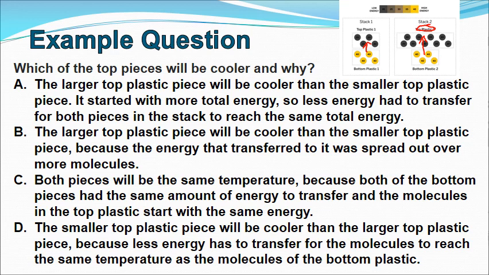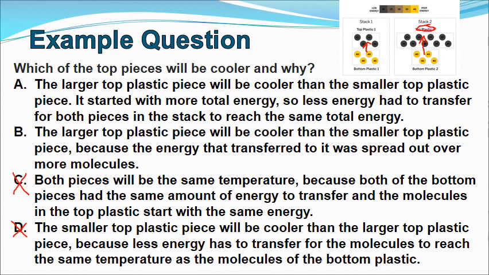So we know stack 1, the top plastic, when it reaches equilibrium with the bottom, is going to be warmer than it is in stack 2. So we should be able to cross out D already. We should be able to cross out C already, and then we're left with B and A.